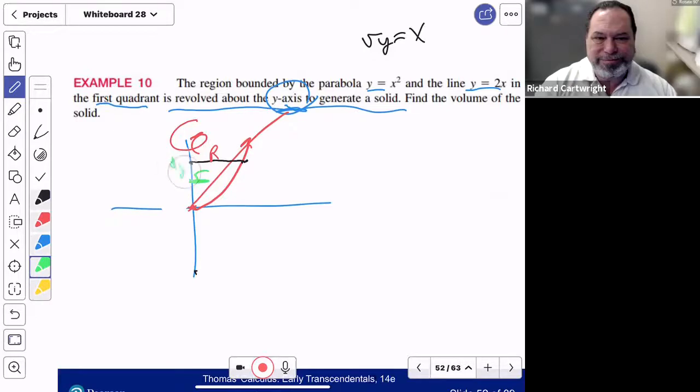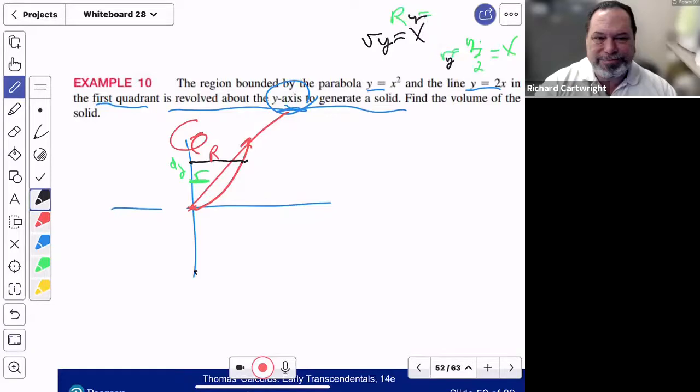So that's another clue. So then this gives me y over 2 equals x. Big R, small r, both in terms of y.